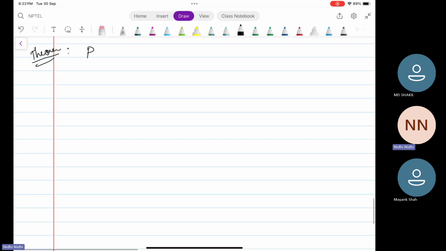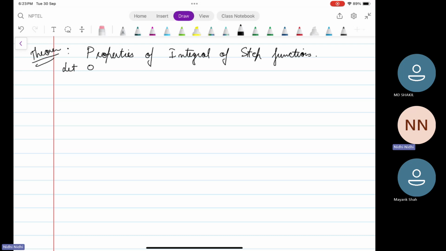Properties of the integral of step functions. Suppose phi and psi are two positive step functions. Then we have the following.